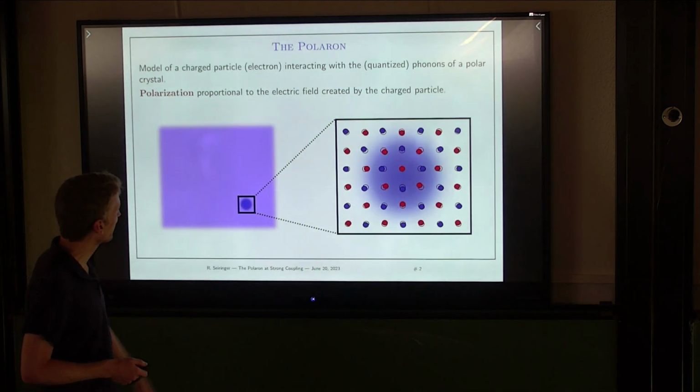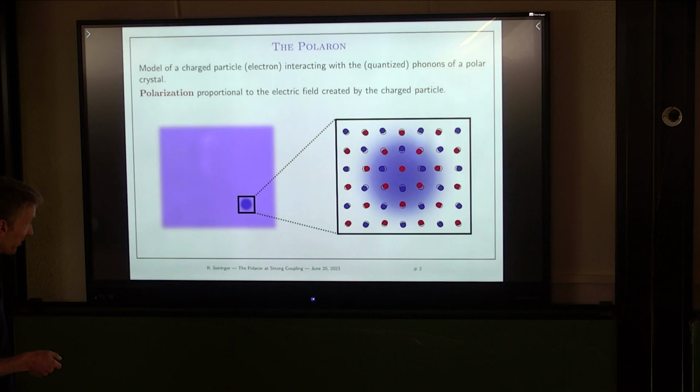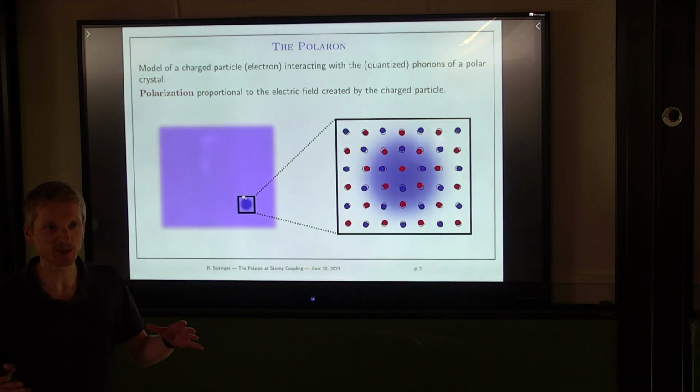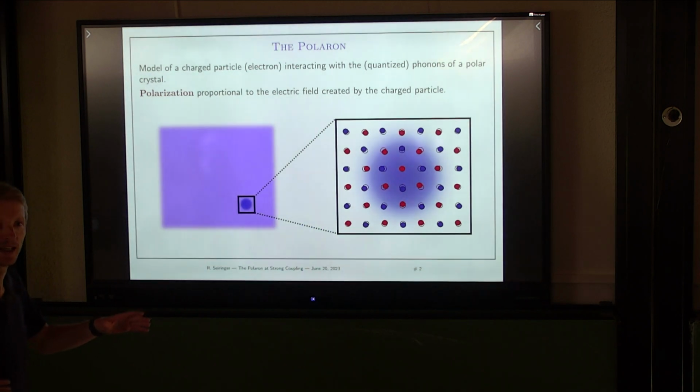In the model you will not see a crystal because the model is what is called the model of a large polaron. So you should imagine that you zoom out. The typical wavelength of the electron is much longer than the crystal spacing. So effectively we treat the polarization field as a continuum, and there's no more crystal. Okay, so that's the picture to keep in mind.